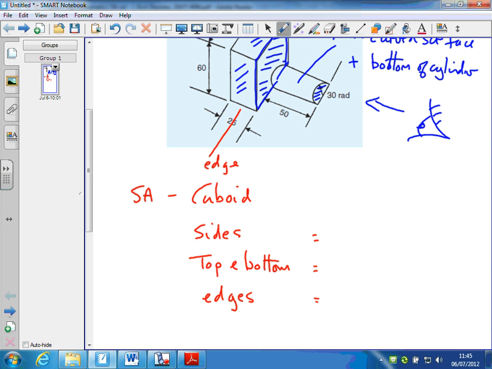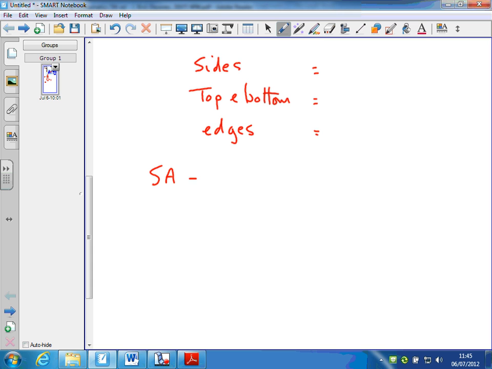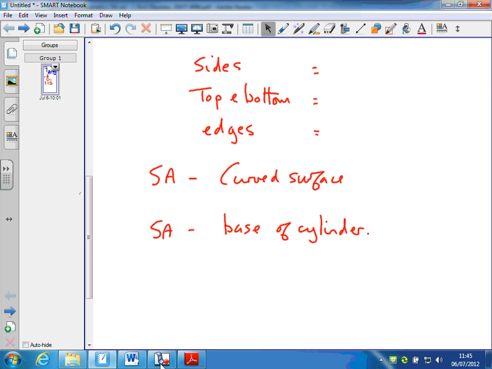These sides would be these two here, and then obviously top and bottom. So I'd work out those surface areas, and then I'd work out the surface area of the curved surface of the cylinder, and then the surface area of the base of the cylinder, and add them all together. So I'd like you to have a go at that, and then I'll give you the solution at the end.